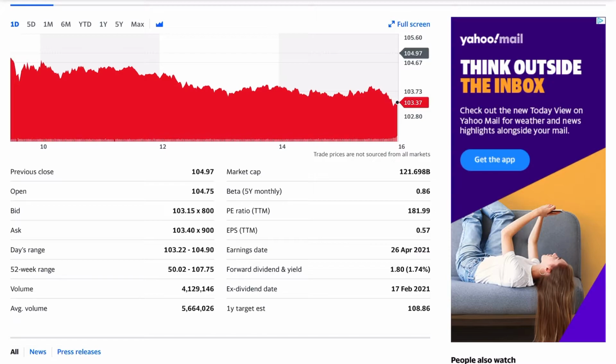Now, they have some more complicated metrics, such as price to earnings ratio and EPS. There are some more terms as well, which you will probably come across, and when you do, it would be a good idea to check on a site like Investopedia, or just do a quick Google search to find the information you need, because that will help you process the information as time goes by and you get more comfortable as an investor. But because we're all starting out, we just want to get to the information as quickly as possible.